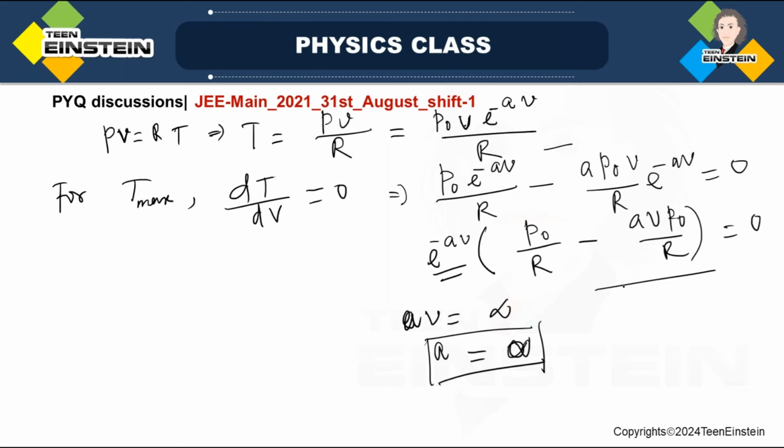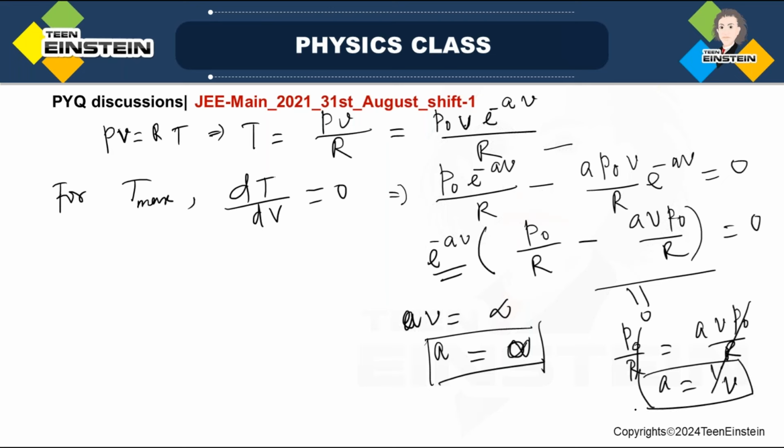So if I put this other term 0, then I get P0 by R equal to A V P0 by R. So this term will cancel each other, and A will be 1 over V. So I get A is equal to 1 over V.